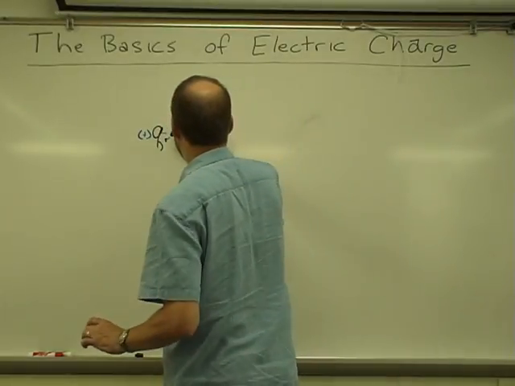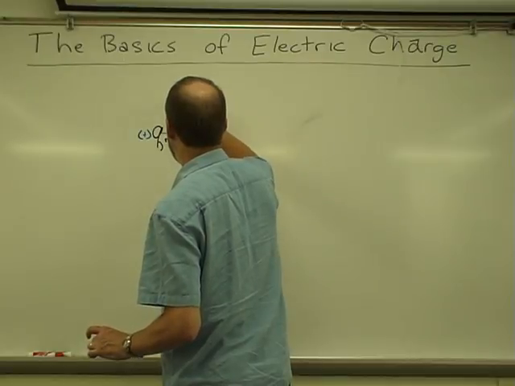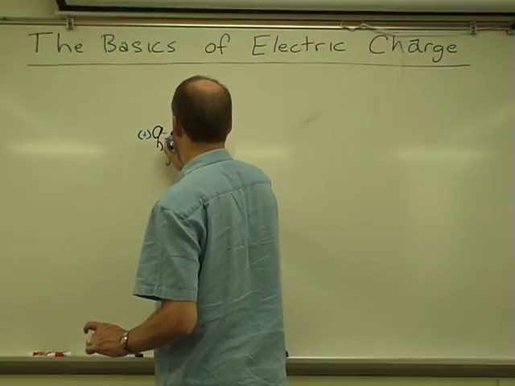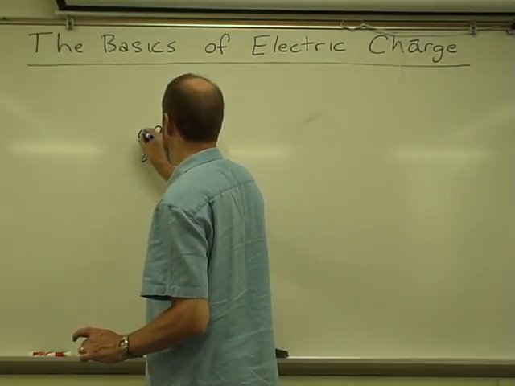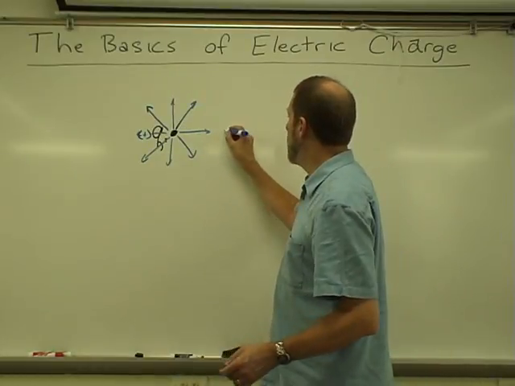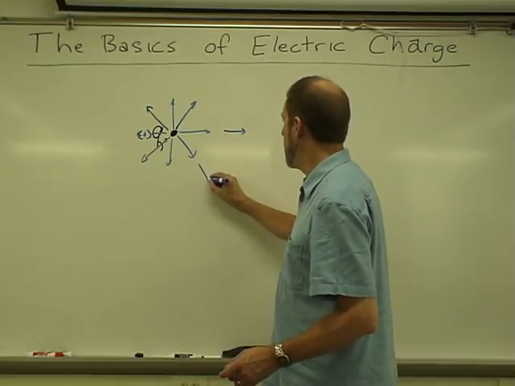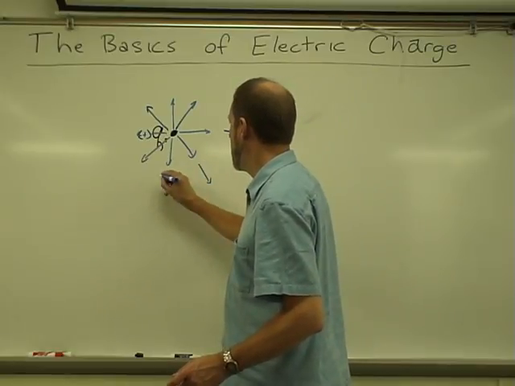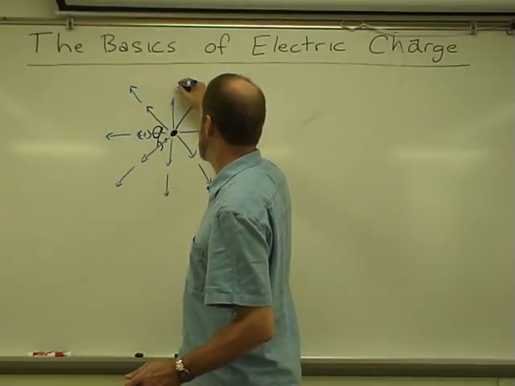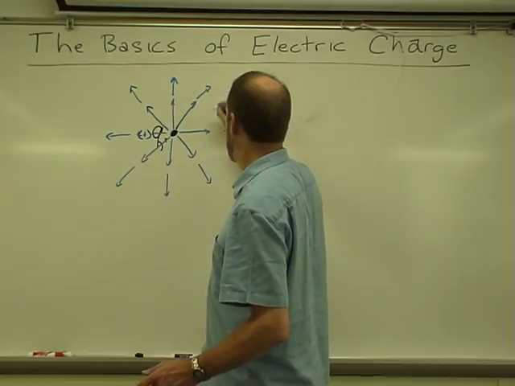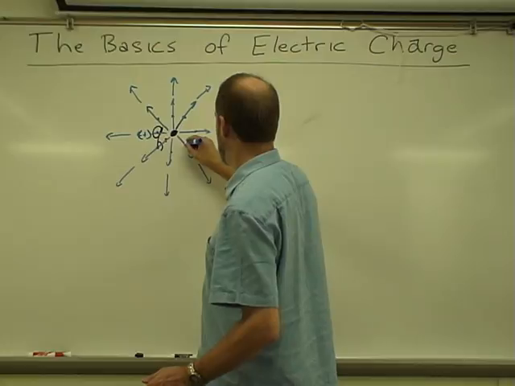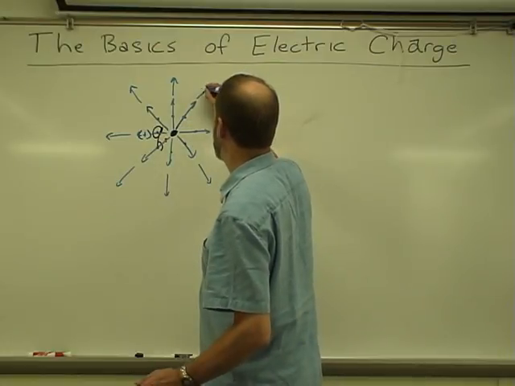So what we'll do is typically use the length of the vector as a measure of the field strength at a particular point.